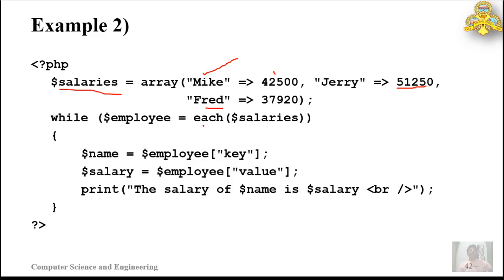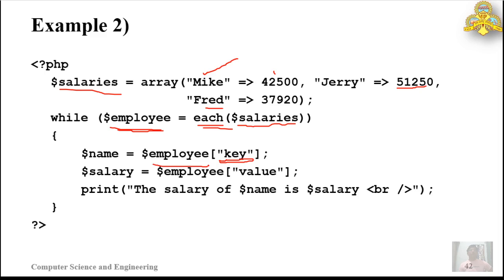Now I am using each. The each function returns an element as a key value pair. So from salaries, it returns one element, and that is assigned to employee. In this variable, I will use the predefined keywords, that is key.